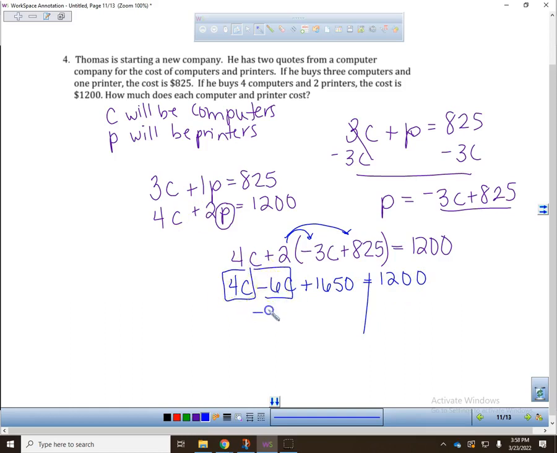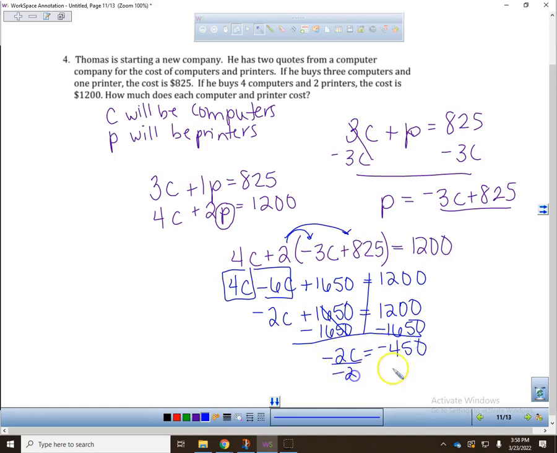So 4 minus 6 is negative 2C plus 1650, negative 2C equals, that's going to be negative 450.